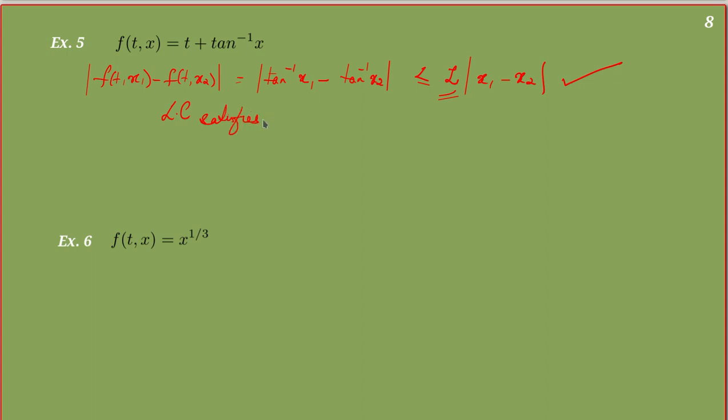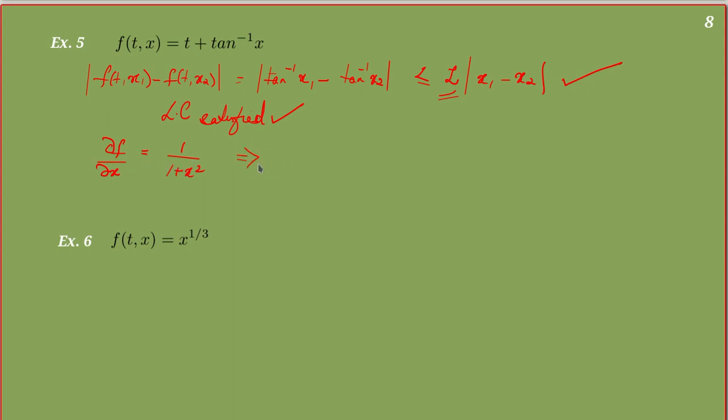Now we will also see whether ∂f/∂x is bounded. What is ∂f/∂x? It is equal to 1 by 1 plus x squared, since the derivative of tan inverse of x is 1 by 1 plus x squared. So what is the magnitude of this?